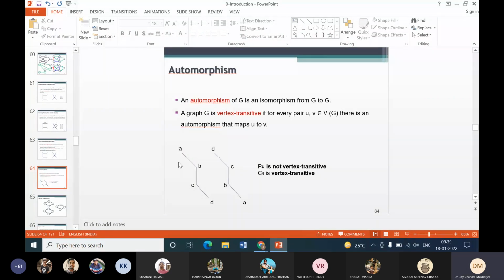So a graph is isomorphic to itself. So any graph is isomorphic to itself. That is true. But here it says that automorphism किसको बोलेंगे?